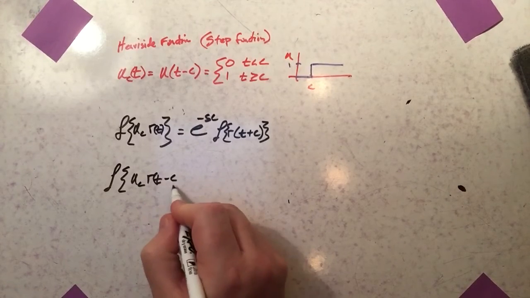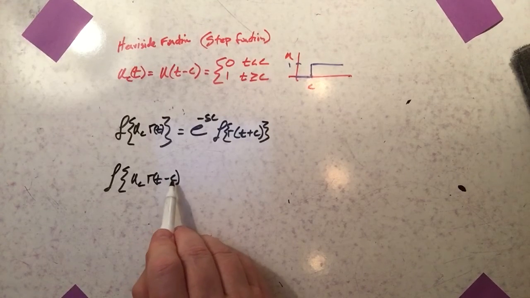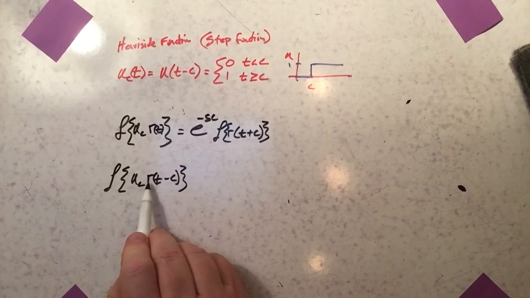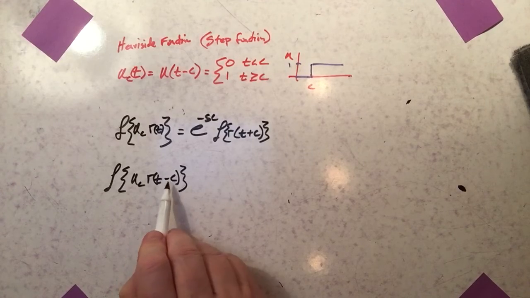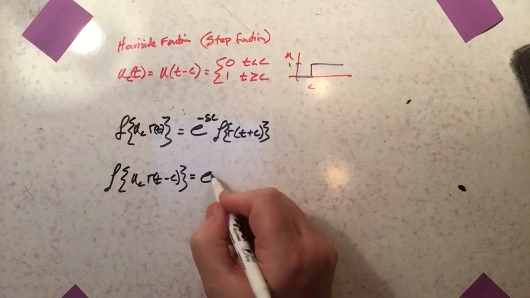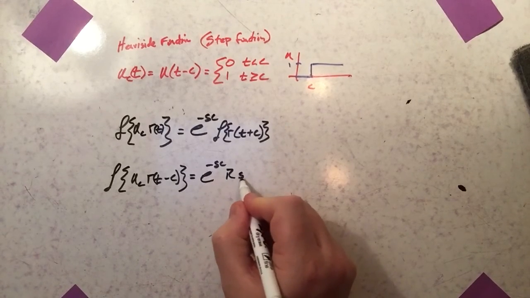Because what we want now is for the function to generate the same values it used to generate at 0, but we want it to generate those starting at c. So this is the version where it is 0 all the way up to the point where the function begins, and the function starts as if the function were at 0, and it does so at c. Well, what does this equal? This one's even easier. This is e to the negative sc times whatever r is of s.